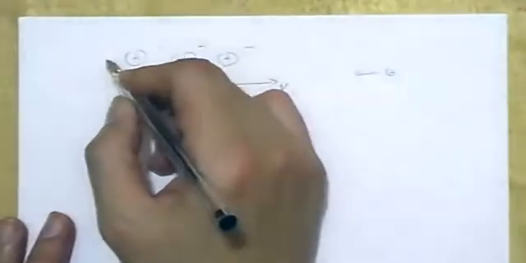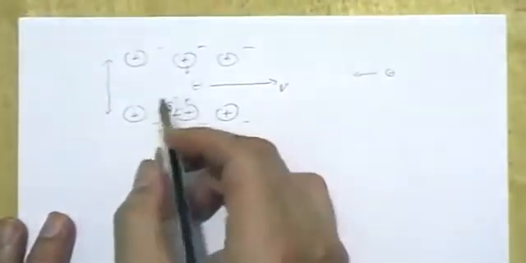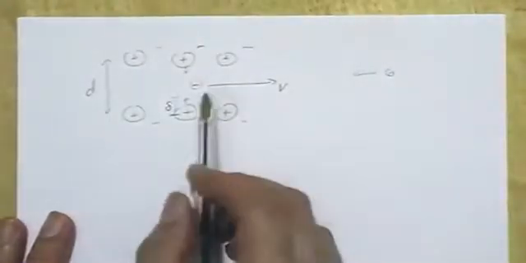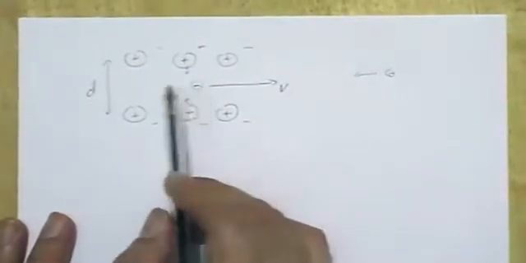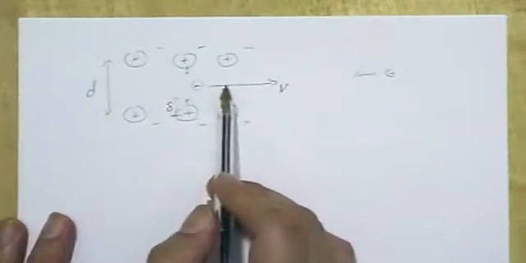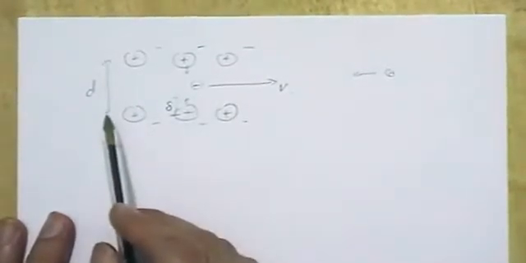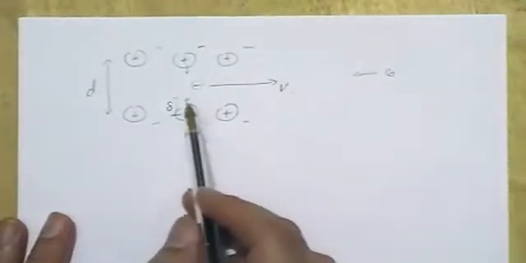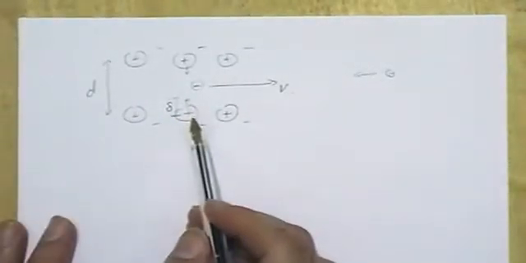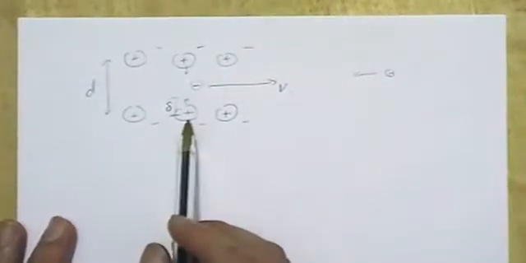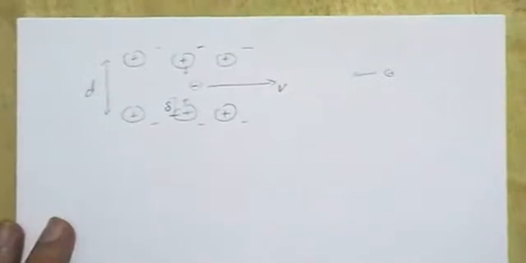So what we're going to do is, suppose that this interatomic distance is d. Okay, we're going to suppose that only when the electrons come within a range of the order of d from a particular positive ion, will it experience the attraction from that ion.